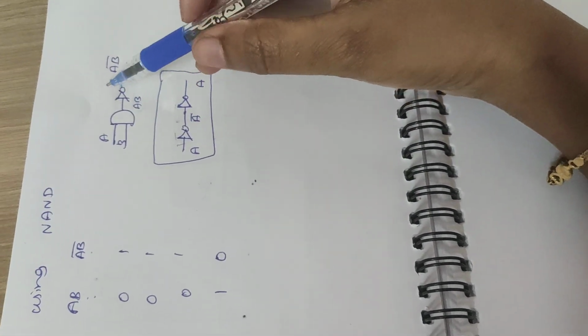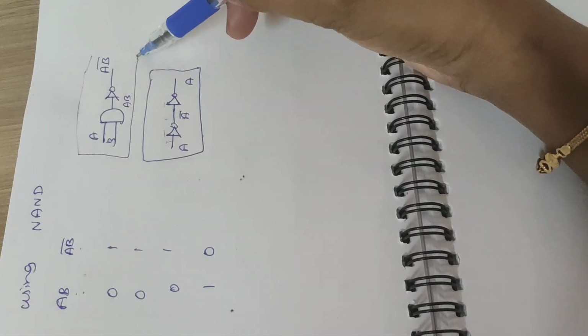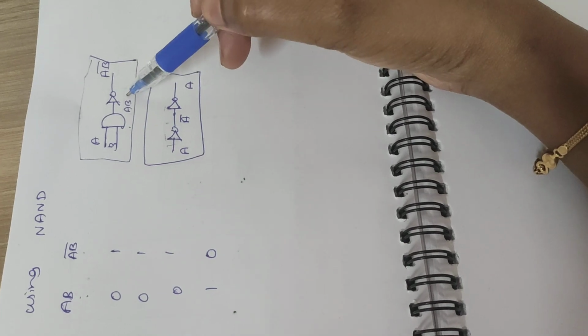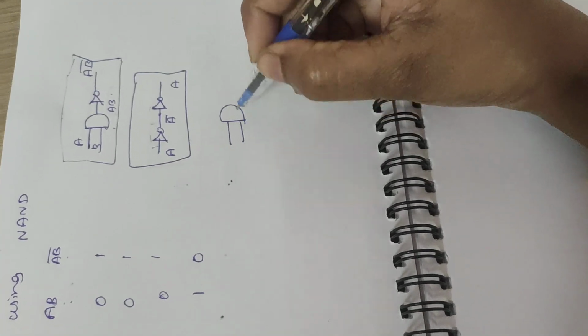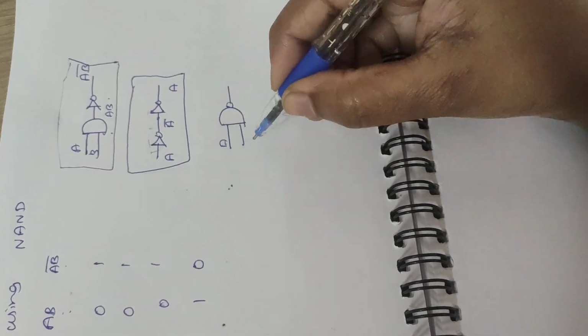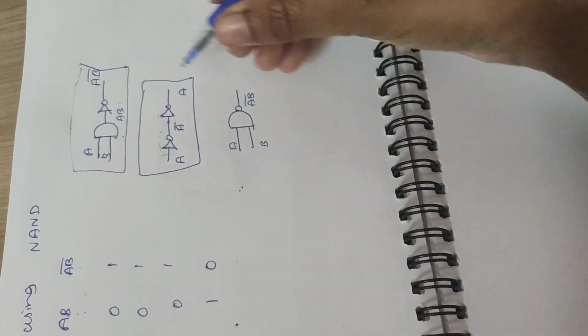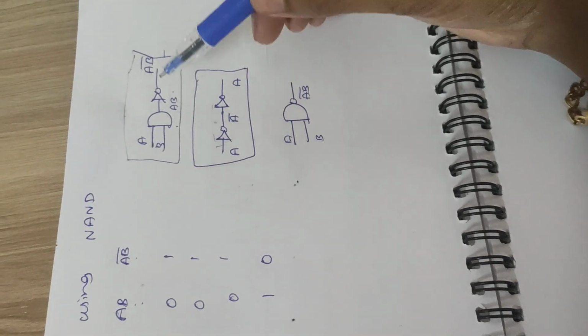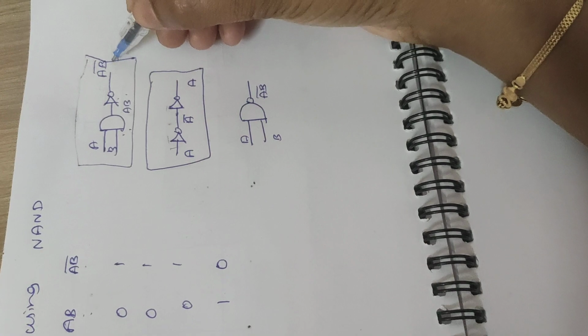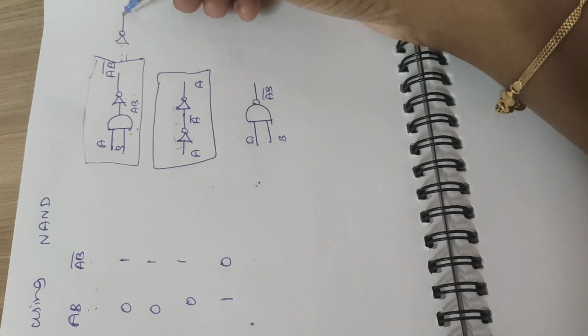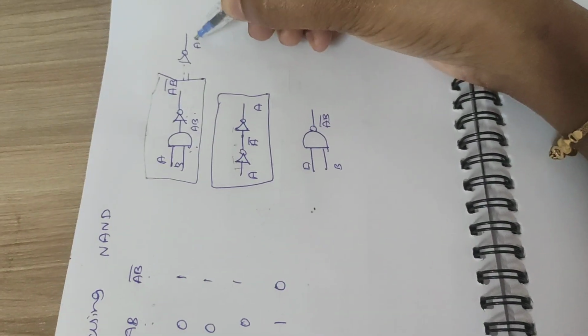And here, if you see, the AND gate followed by NOT gate only will be the NAND gate. So this is what we have currently, AB bar. From this we can understand, one AND gate followed by NOT gate only is this one. If I add another inverter in this path, I will be getting the output as AB, right?